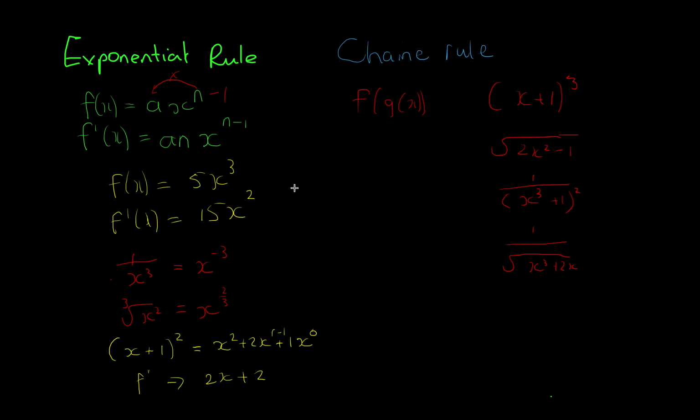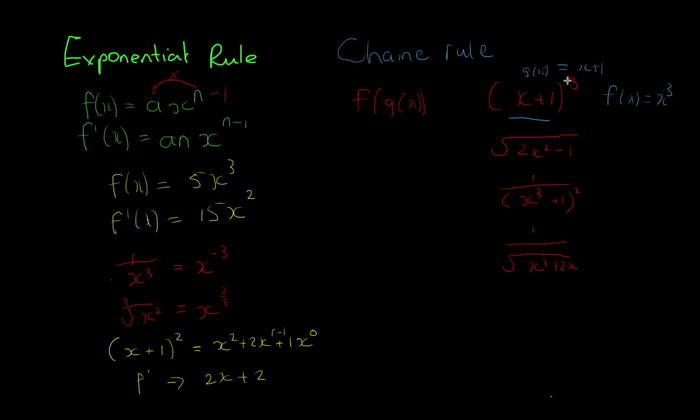Just as with the exponential rule, we will rewrite these to be in exponential form. But you can see in all of these cases, we've got an inner function, which we'll call g(x), and an outer function, which in this case would be x to the power of 3. So the inner function would be x plus 1. If you substitute x plus 1 into x to the power of 3, you'll get x plus 1 to the power of 3.